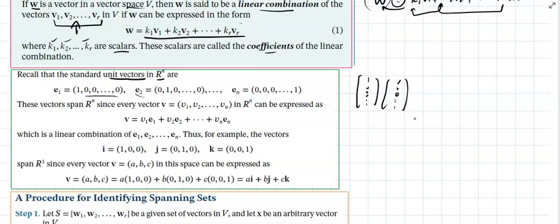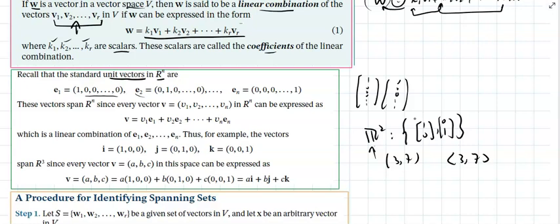So if I go with R2, we claim that (1, 0) and (0, 1) pretty much span the whole space. Any point, any vector you find me in R2, let's say the point or vector (3, 7), I'll say, okay, that's easy.